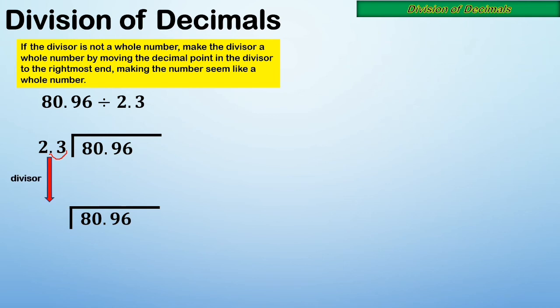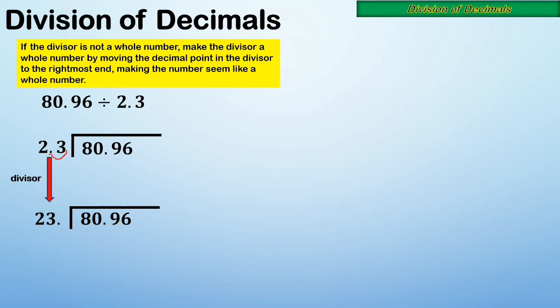Magiging whole number na 23 ang ating divisor. Since nag-move tayo dito sa divisor ng 1 decimal place, sa dividend, mag-move rin tayo ng isang beses. To the right, kasi to the right ito. Okay, kung pangalawang beses tayo nag-move, pangalawang beses din tayo mag-move sa ating dividend.